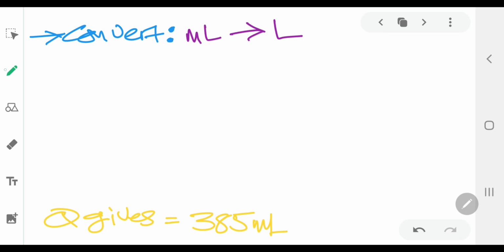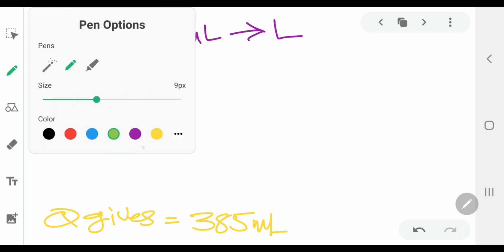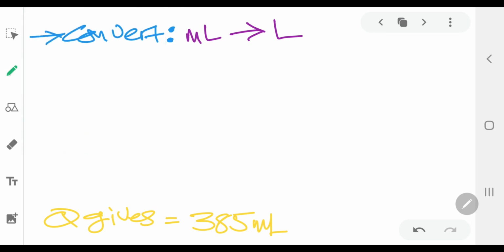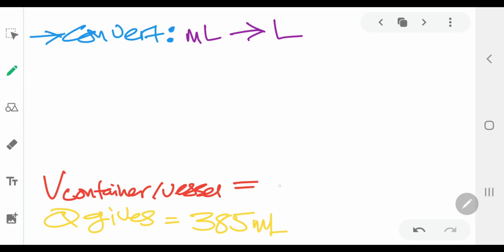The question gives 385 milliliter. Remember, okay? Always remember that the volume of your container or vessel will be equivalent to the volume of your ideal gas.